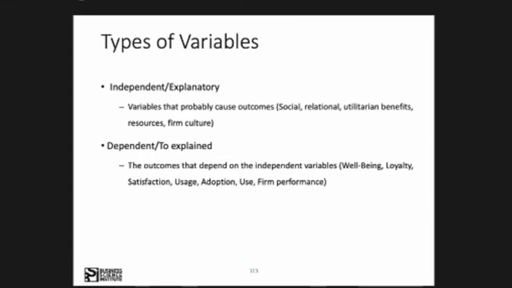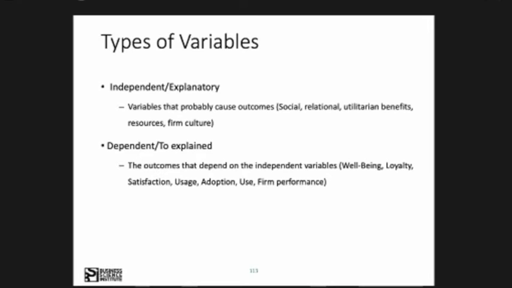For example, also privacy concerns in the technology acceptance model. And there are the dependent or to-explain variables, which are the outcome variables that depend on the independent variables. For example, the impact of technologies or privacy concerns or social benefits on well-being, loyalty, satisfaction, usage, adoption, or firm performance.